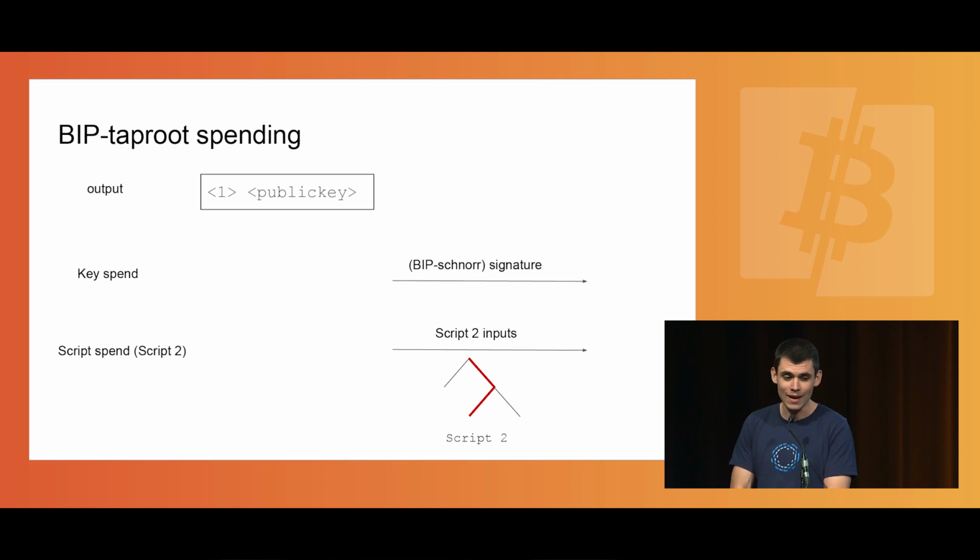You show a proof that this script connects to your Merkle root. You show that the Merkle root was committed to in the output public key, and of course you also provide the inputs to the script in order to satisfy it. The important part is that the only thing in the output is the public key, and you only need to decide at spending time which method you need to use.